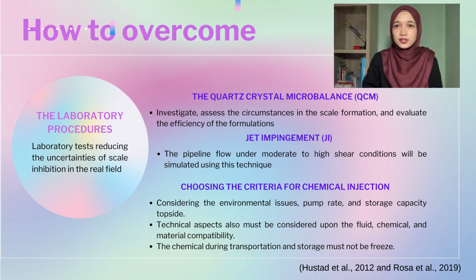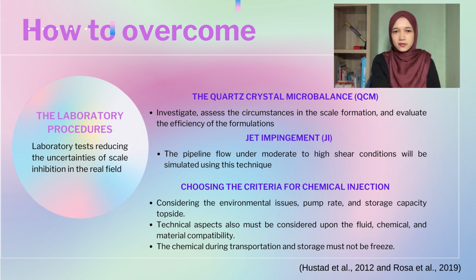So this slide shows how to overcome scale formation in scale control inhibitor through continuous injection. Through laboratory procedures, it can reduce the uncertainties of scale inhibition in the real field. The first one is the quartz crystal microbalance. It will investigate and assess the circumstances in scale formation and evaluate the efficiency of the formulations. The second one is jet impingement.